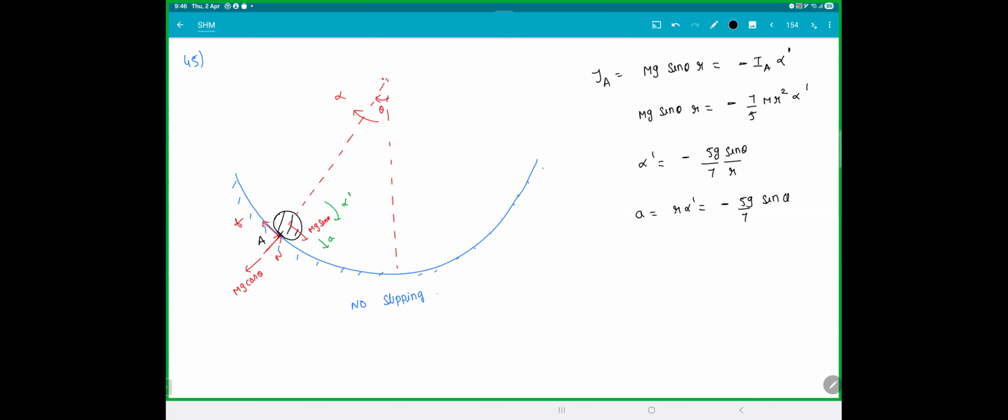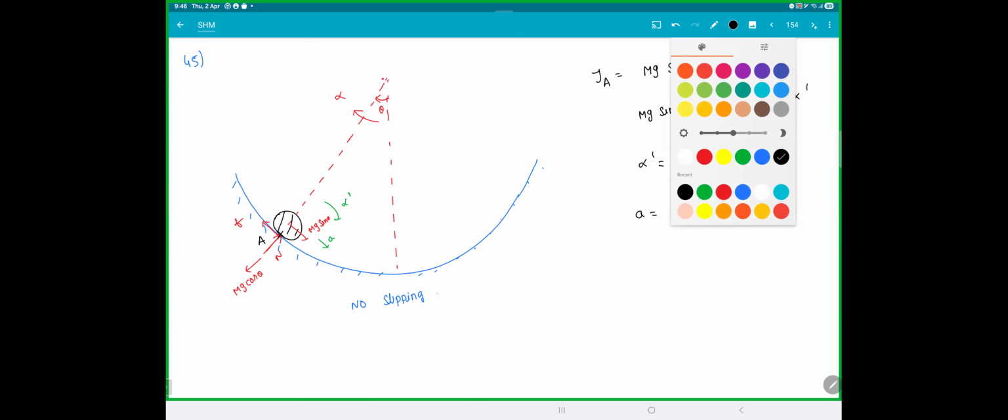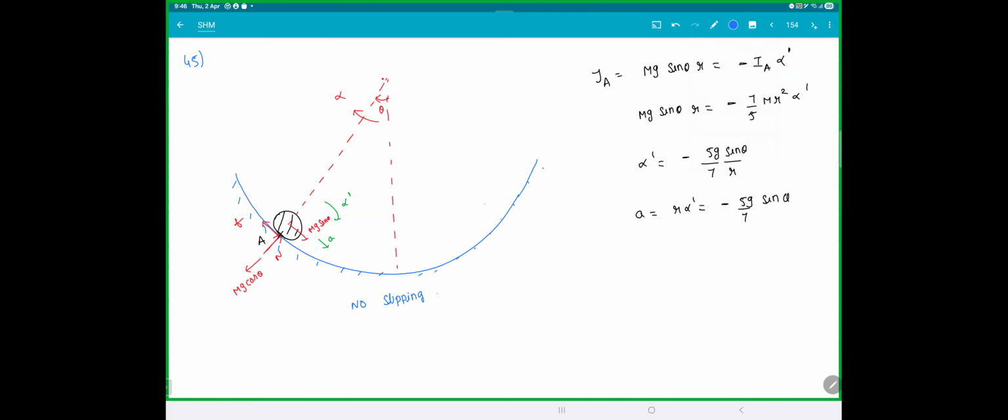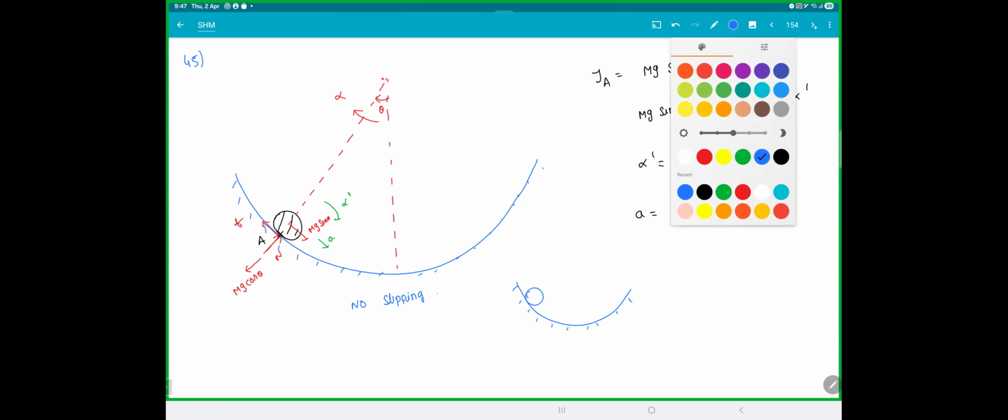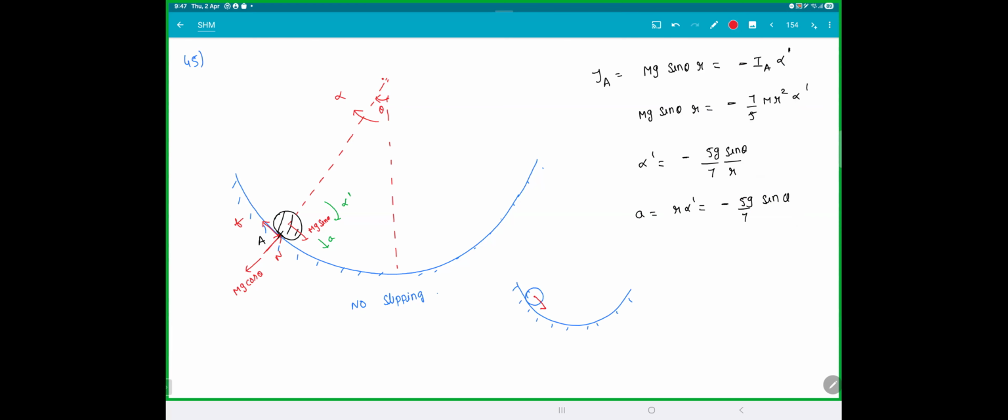So how do you find alpha here? Look at this pair here. So this is the A, center of mass of this guy, and this is going with alpha. So here A of this guy is nothing but R minus r into alpha.